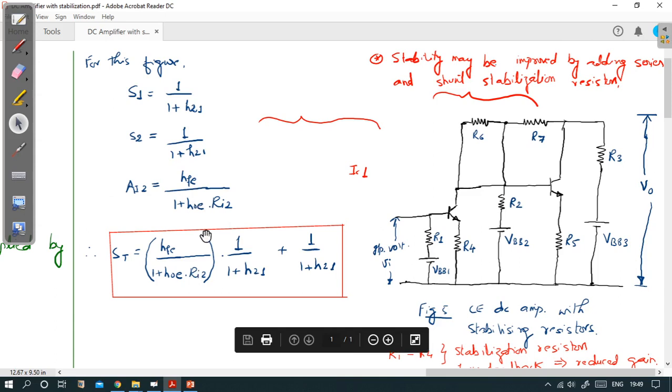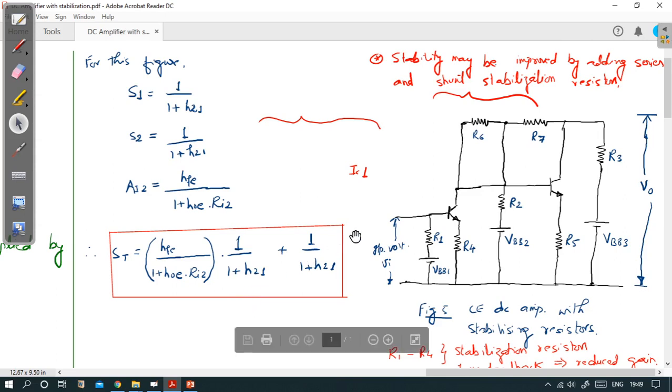So in terms of H parameters, ST will come out to be HFE by (1 plus HOE into RI2) into (1 by 1 plus H21 plus 1 by 1 plus H21). This is the equation for the two-stage overall stability factor.